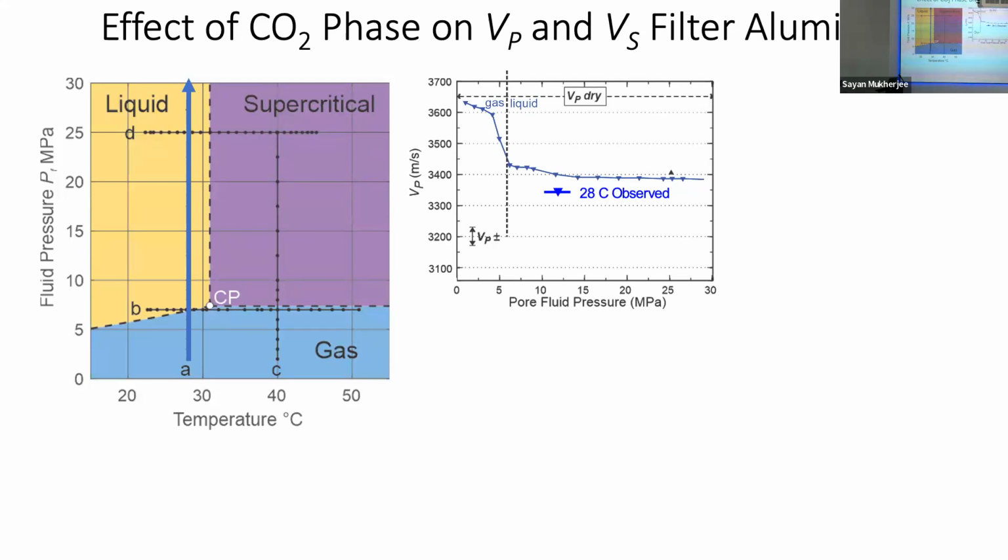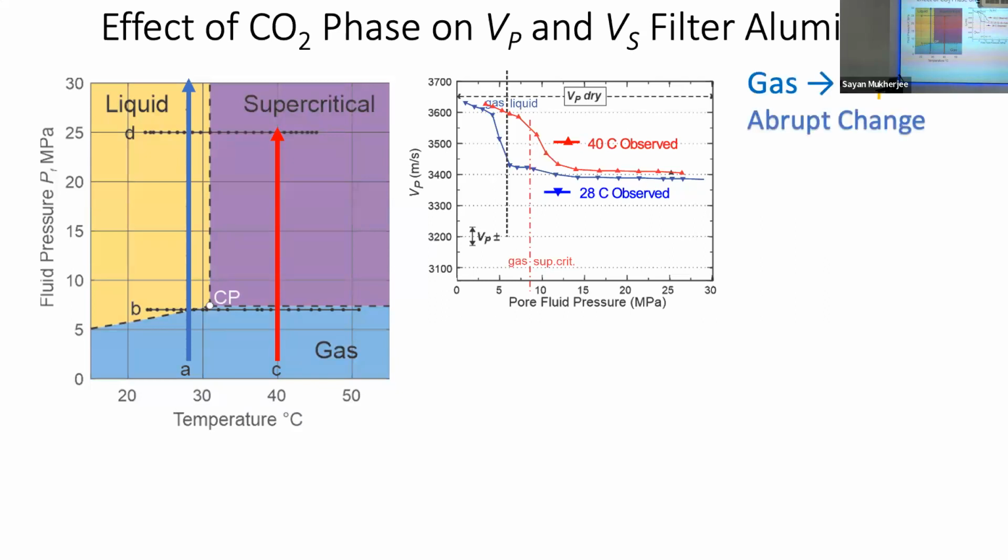This is the velocity of that material dry with vacuum in it. That's at 28, and here we're at 40 degrees. And so we see a change there in the velocity, but it's much more gradual. So when we're going from gas to supercritical, that's a P wave.